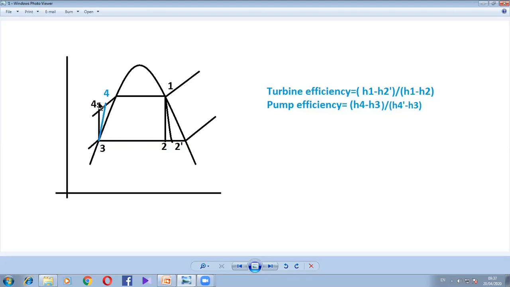This S3 represents the isentropic process, the isentropic work done. Here H4 minus H3 is smaller. Isentropic pump work is smaller, but the actual pump work required will be more because of the pressure loss. We need to use this in the problem when the efficiency of the turbine work and the efficiency of the pump work is given.